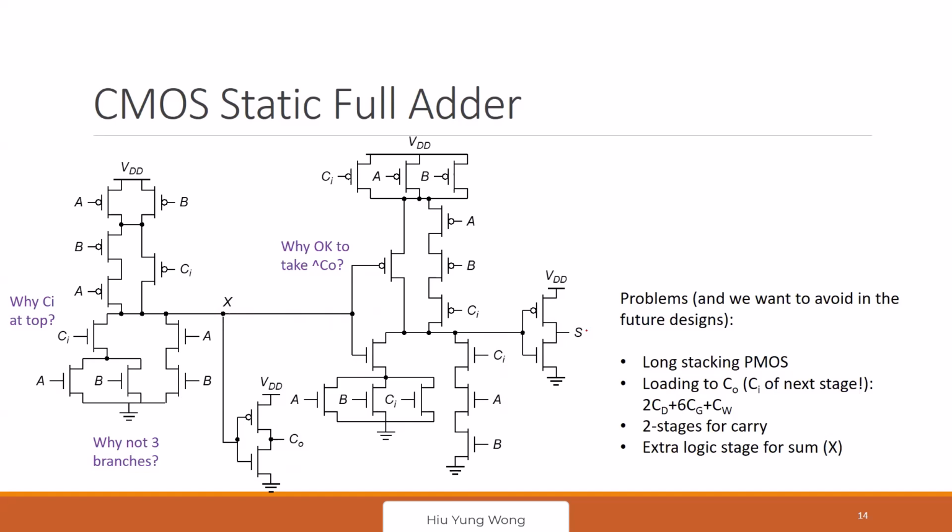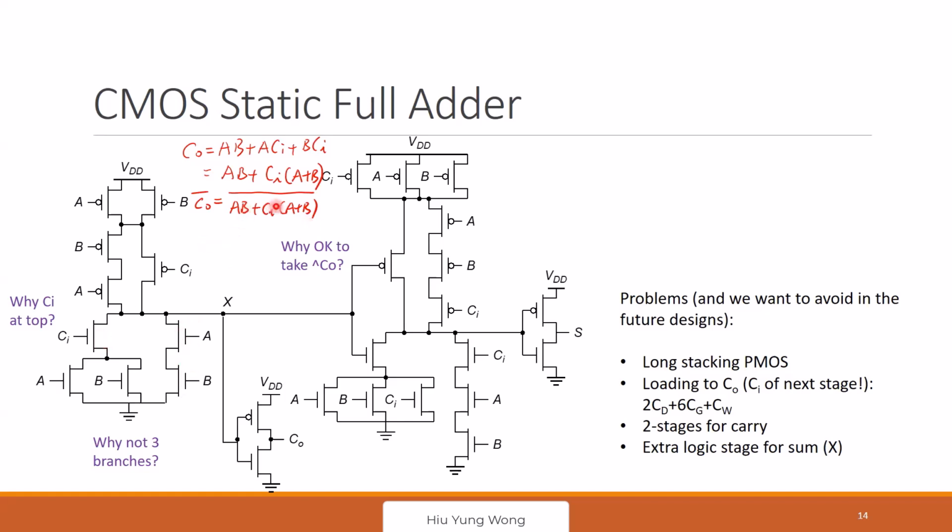First of all, what is C out? We say that it is equal to AB, if you refer to my previous line, AC in plus BC in, right? So we try to make it as AB plus CI times A plus B. And so log C out equals the whole thing, log of AB plus CI times (A plus B). Now look at this.